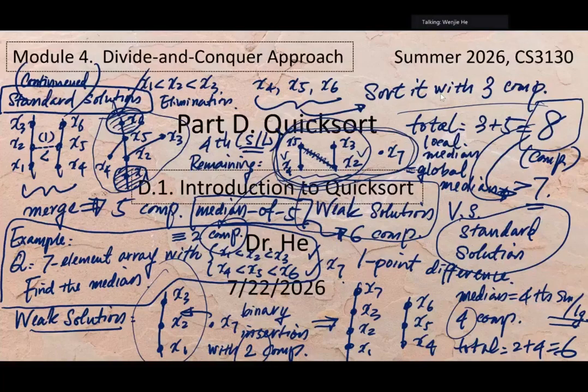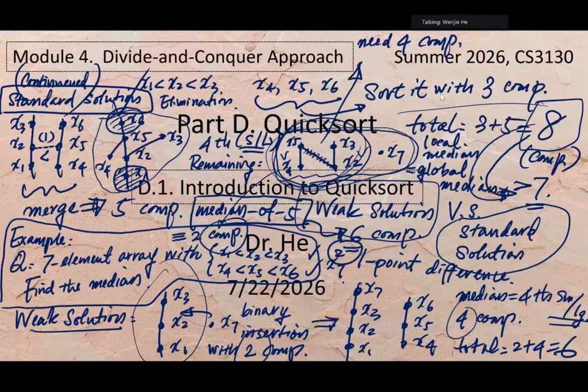These 2 results are part of the tournament method, so both of them are reusable. That means 2 of the 6 comparisons can be saved by the known information. So if we find a median of 5 based on this given information, we need 4 comparisons.